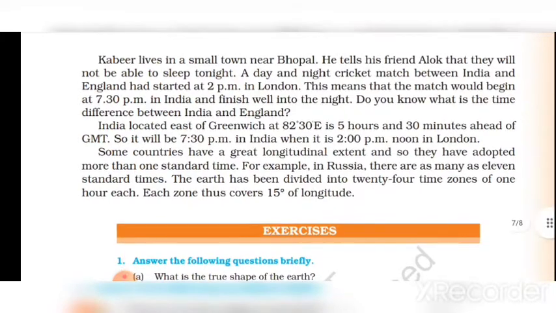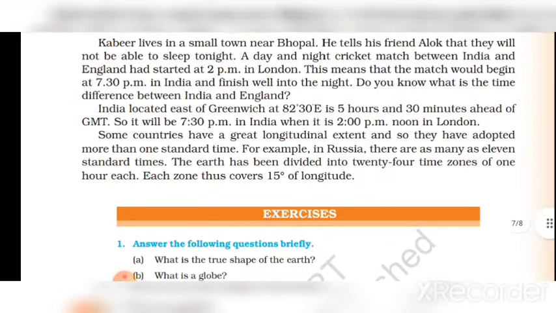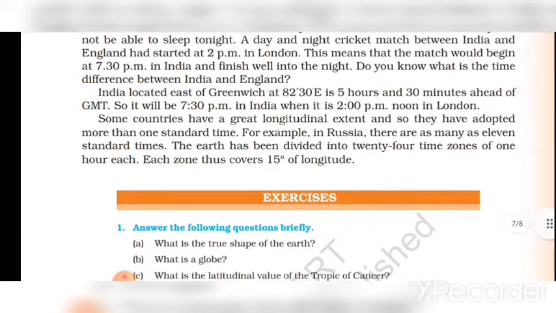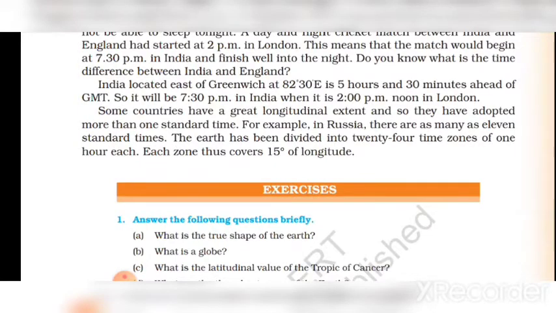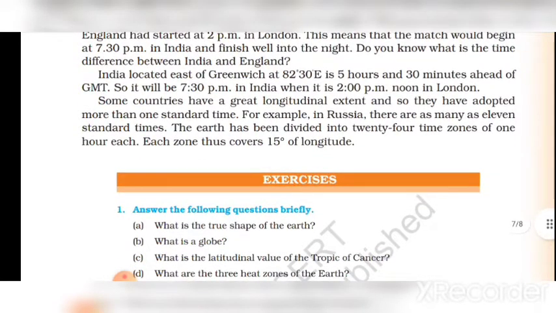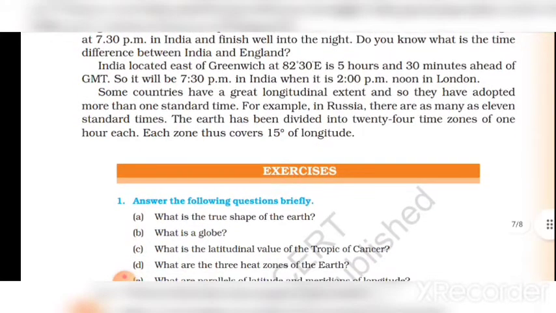Important latitudes, heat zones. Okay, look here, this is the equator, torrid zone, 0 degree. This is the Tropic of Cancer, 23 and a half degrees N, means north.